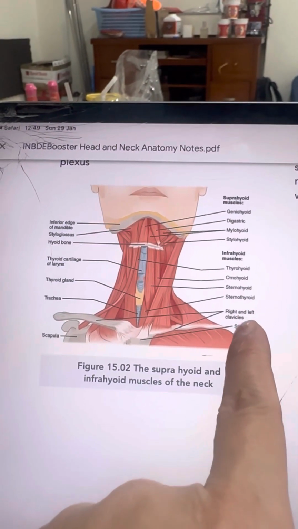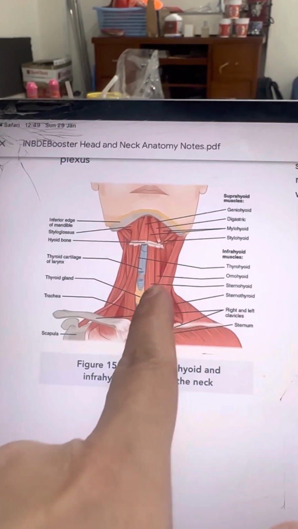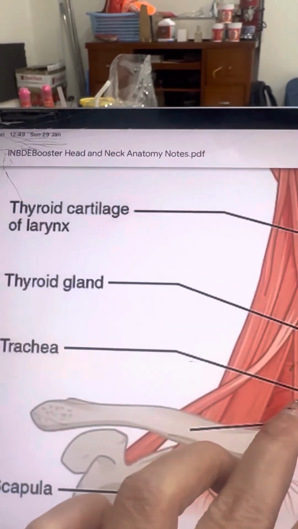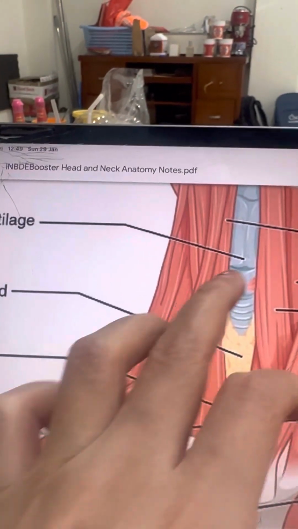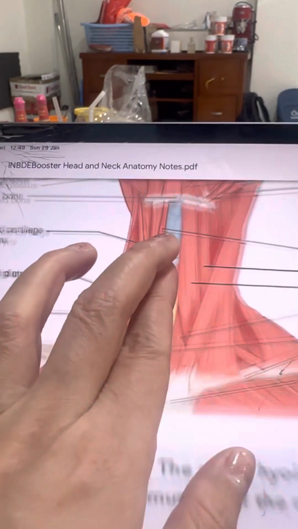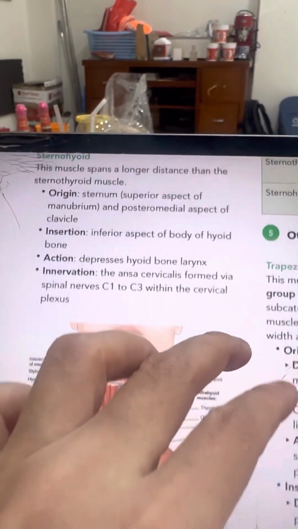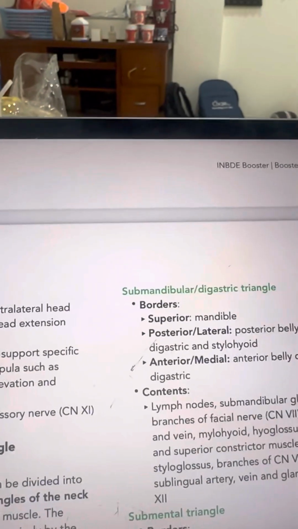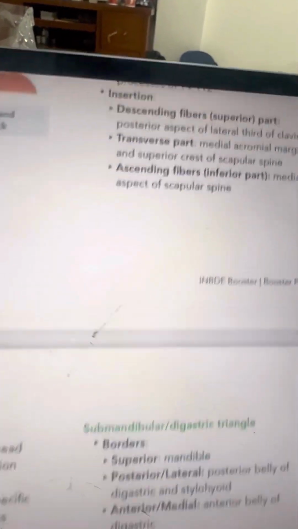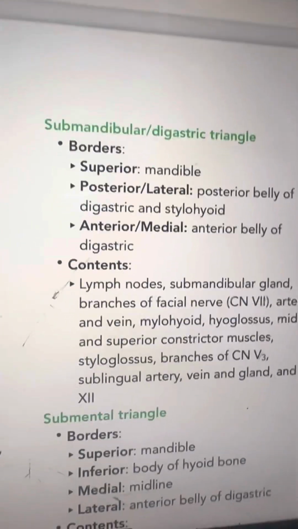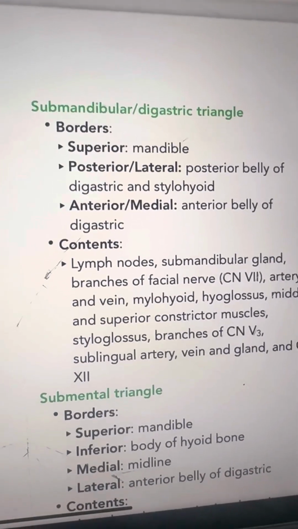Sternocleidomastoid, right and left clavicle, sternum, thyroid gland, thyroid cartilage, larynx. Submandibular digastric triangle.